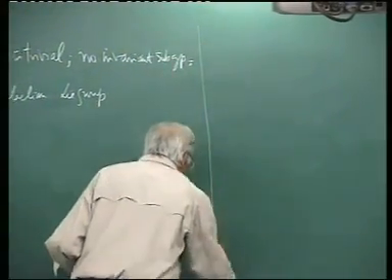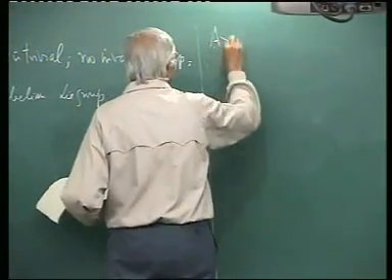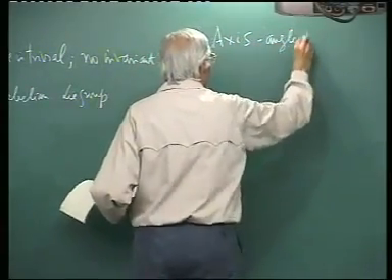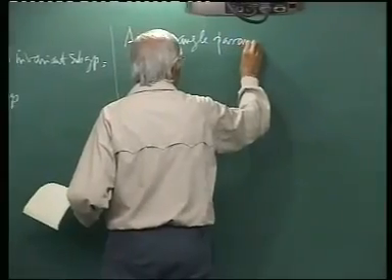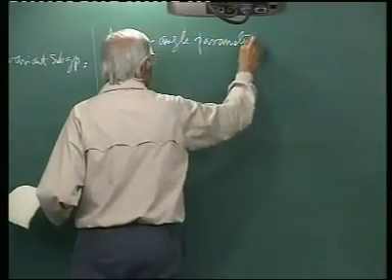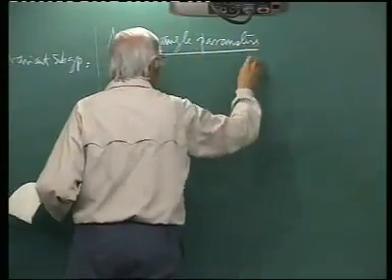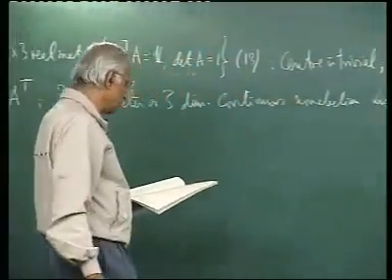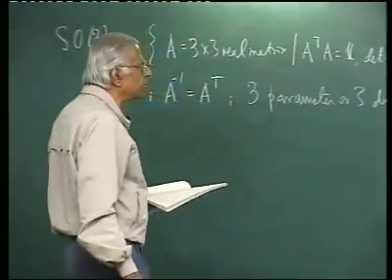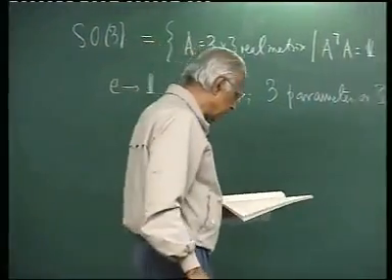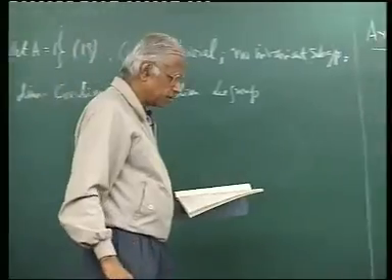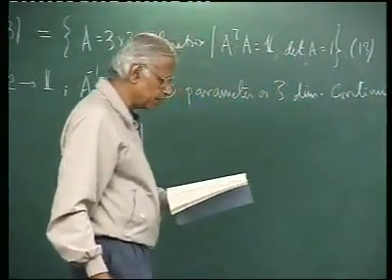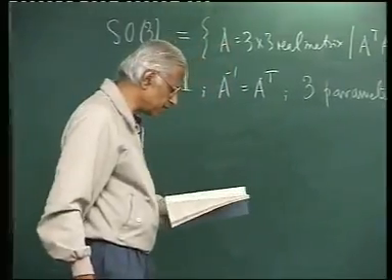So, let us now look at ways of describing elements of this group. There are three useful ways, and I want to describe each one of them. The first one is called the axis angle parametrization. This is a geometrical fact which again you may have studied. It is somebody's theorem, I think it's Euler's theorem, I'm not sure.